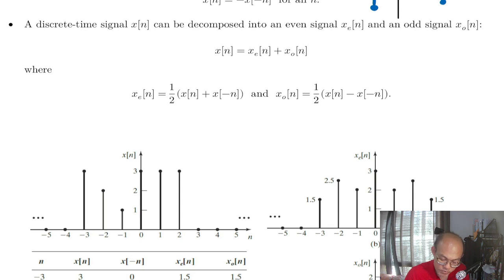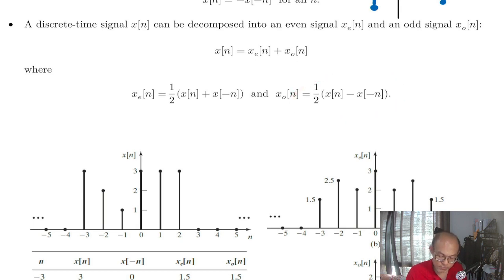Whereas the odd component xo can be computed as x of n minus x of minus n. There are two minuses here. The first minus is here, and the second minus is here. Just subtract them and then divide the subtraction by 2 to get the odd component.